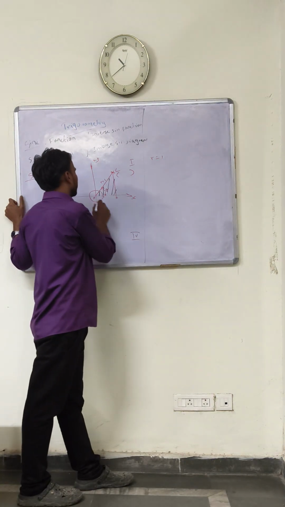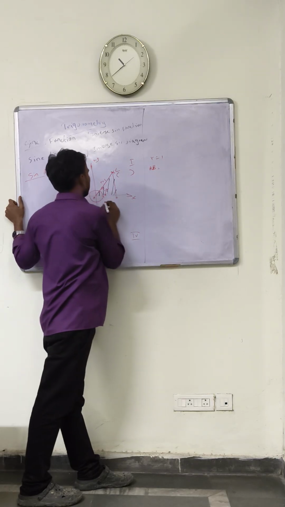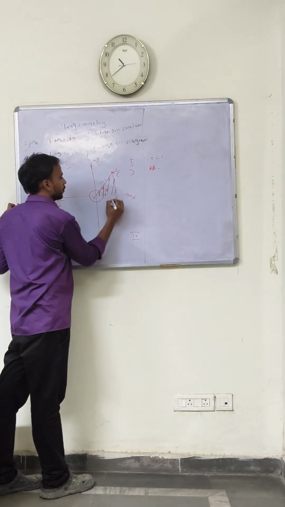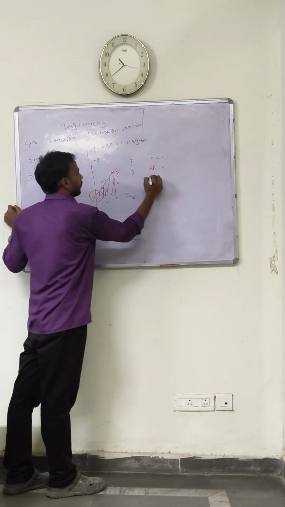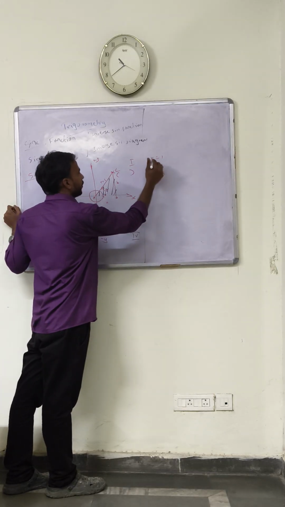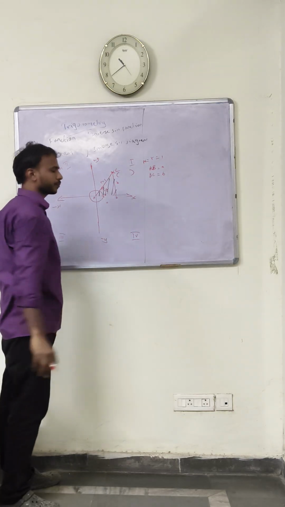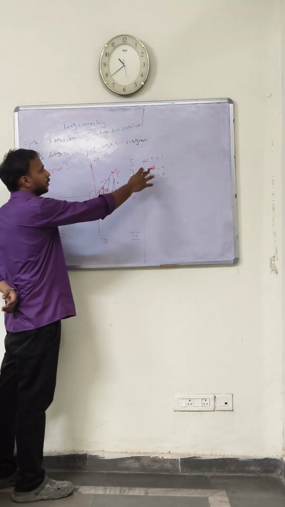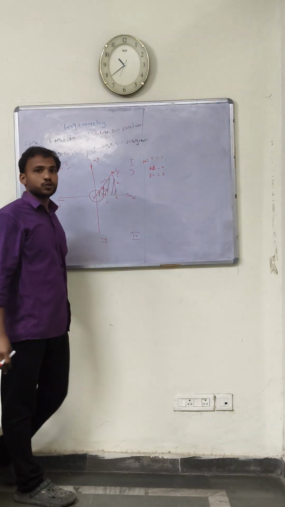So here in the x-axis, AB equal to, you can give any name, small a, small b. AB equal to small a, and then BC equal to small b. This is r equal to AC. So AC is the hypotenuse, AB the adjacent side, BC the opposite side.